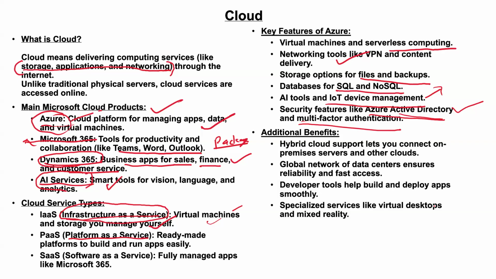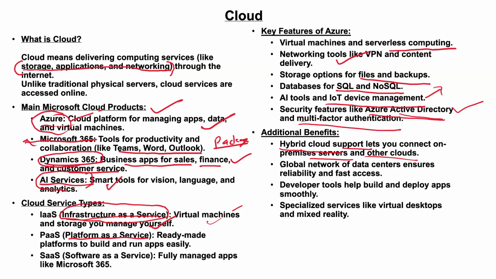Now coming to the additional benefits, what are the benefits we have by using this Azure cloud. It is a hybrid cloud, as I have said, and it totally supports it. We have permission servers and other clouds too. We can connect this through other clouds too, like AWS and GCP.